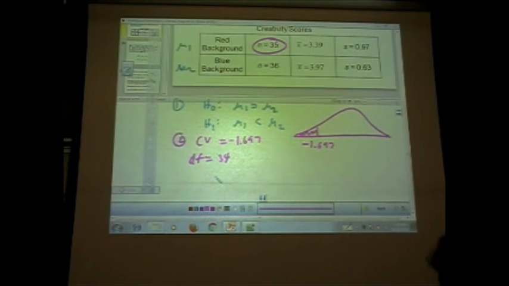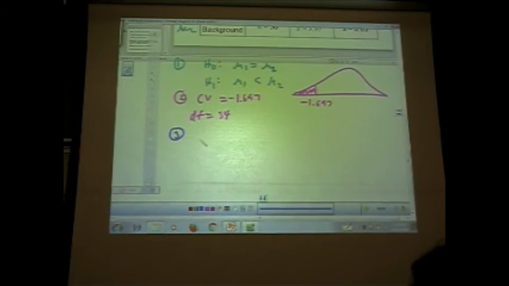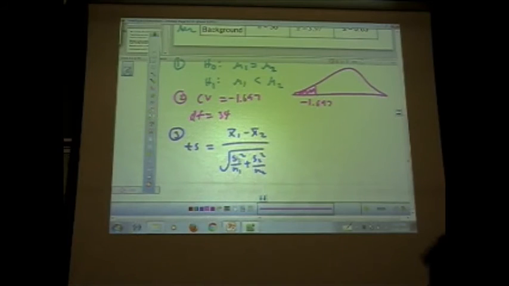So the first example that we did was a proportion. Now we're doing this. So now I'm going to do my test stat, which is going to be my x bar 1 minus x bar 2 over the square root of s1 squared over n1 plus s2 squared over n2. Maybe I'll put little parentheses around it so we can see the squared part. So what's that going to be?